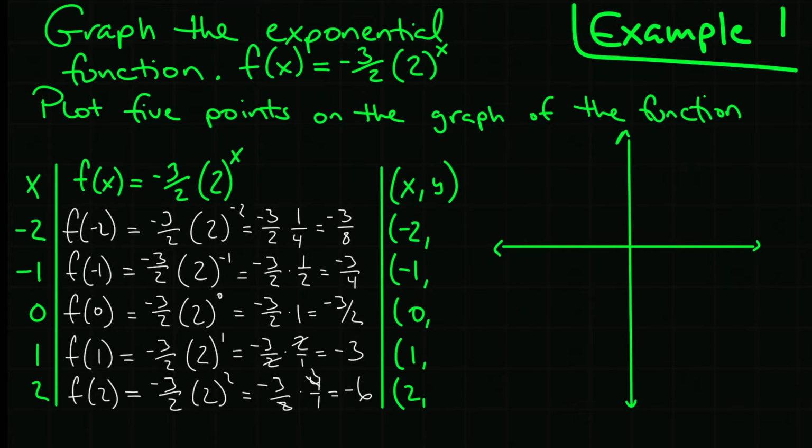So when x is equal to -2, my y value is going to be -3/8. When x is -1, my y value will be -3/4. When x is 0, my y value will be -3/2. When x is 1, I'll be at -3. And when x is 2, I'll be at -6.